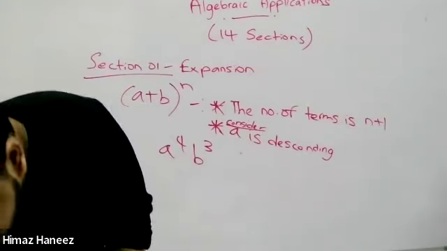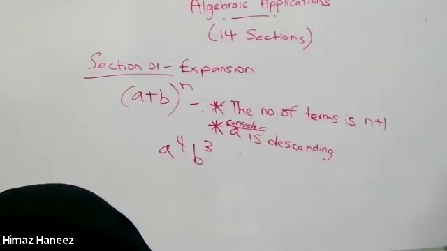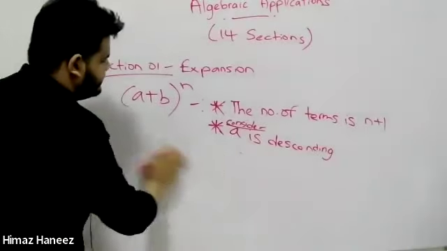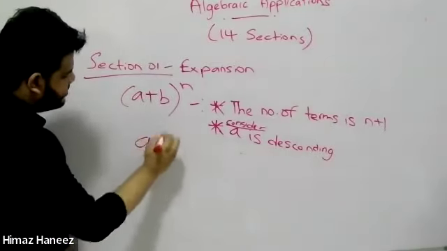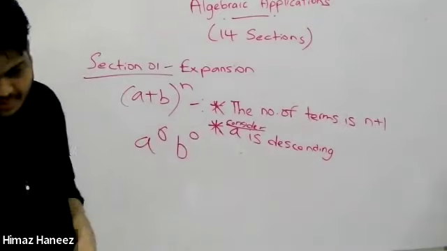Ah, sorry. Something is wrong. You have started with b. Starting is with an error, okay? It should be a power 6, b to the power 0. You forgot b to the power 0.